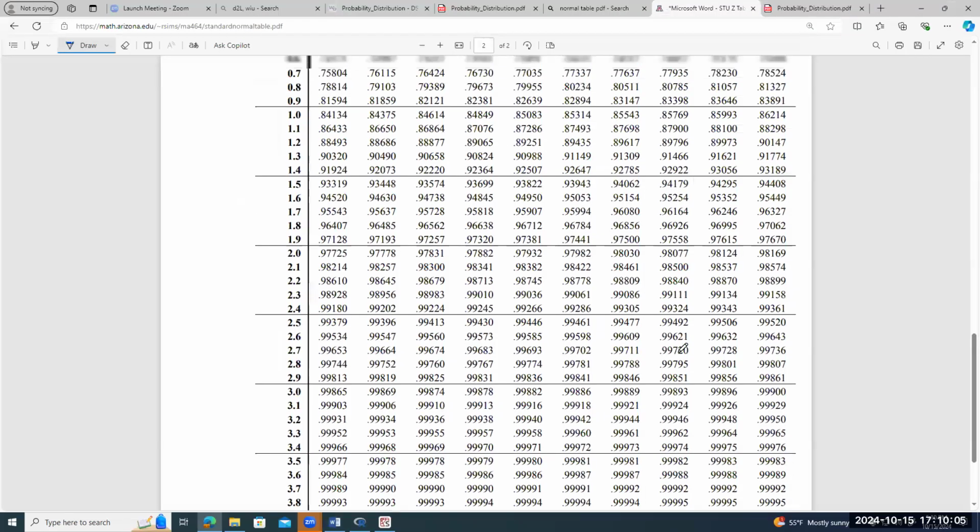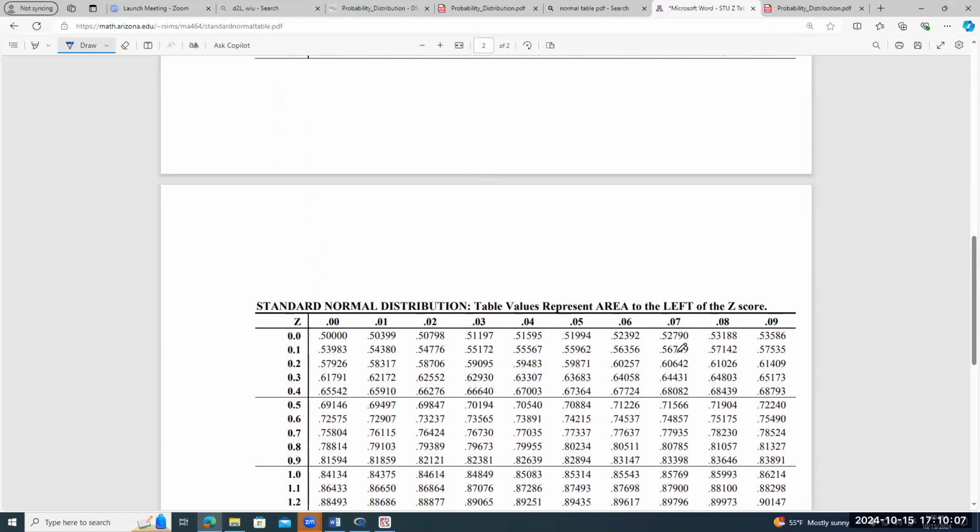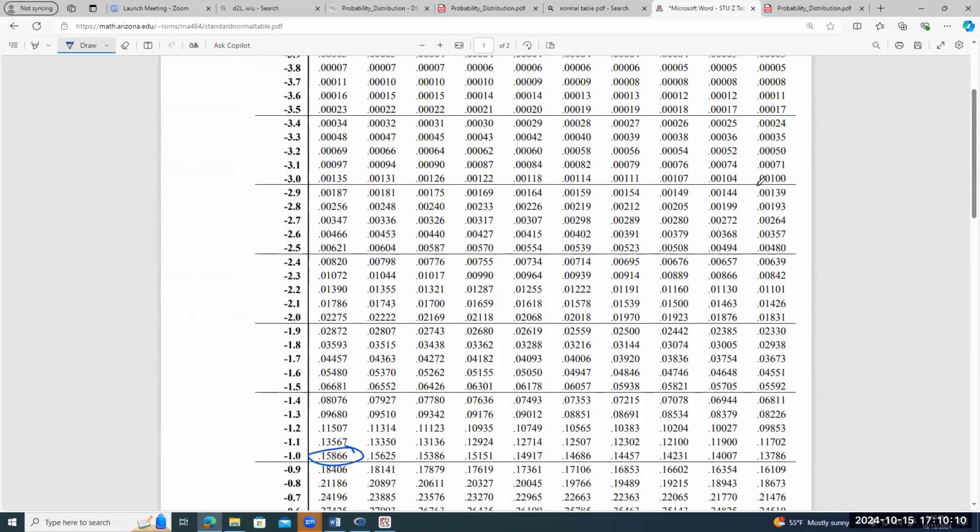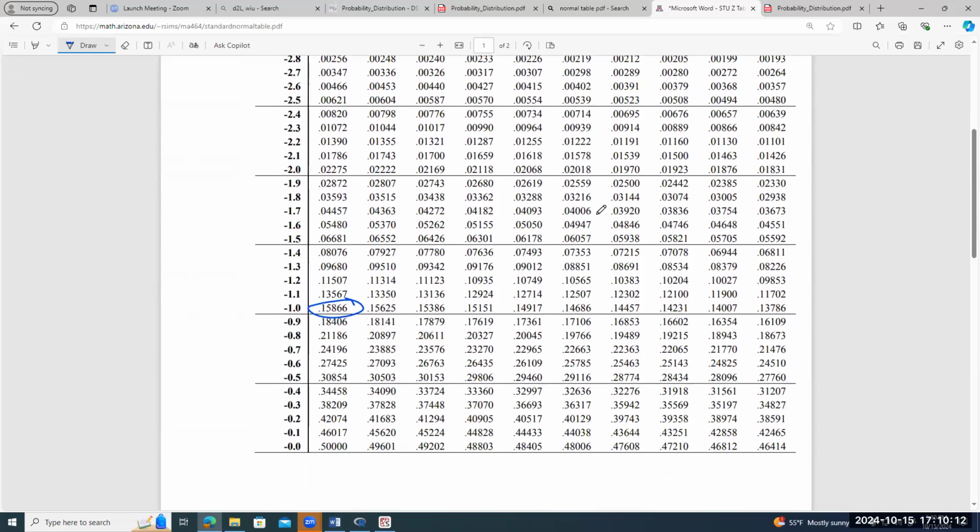I said 0.13, right? Looking for 0.13 in the table, 0.1314, 0.1292, I think this is the closest one.